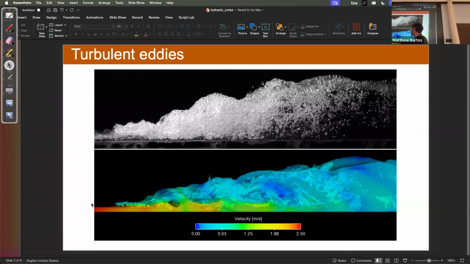But this is where you see a lot of energy dissipation within the hydraulic jump. So you will typically get a large amount of energy dissipation as these turbulent eddies dissipate kinetic energy as it transitions into subcritical flow. So we'll talk a little bit about those eddies and how to characterize those energy losses today.